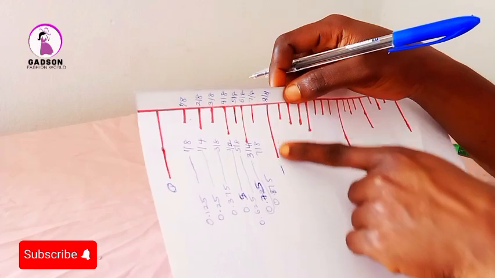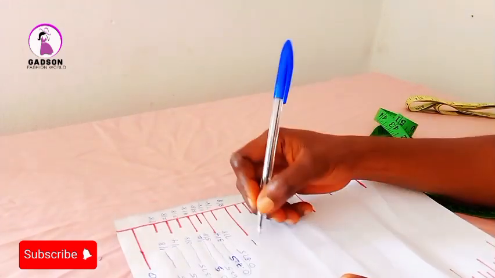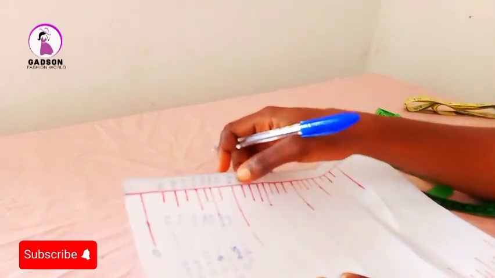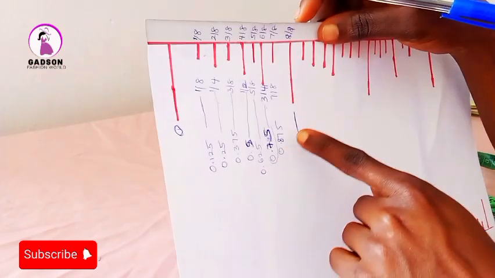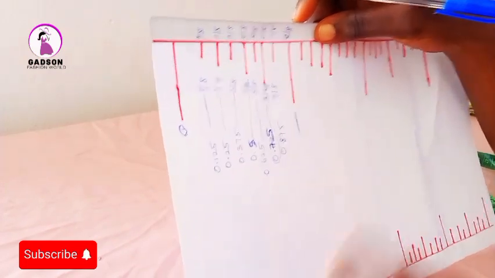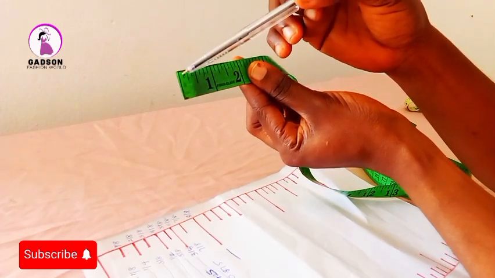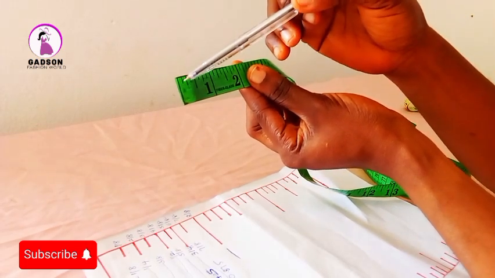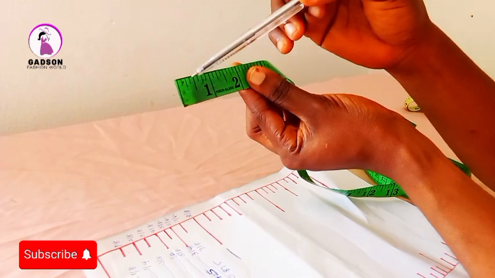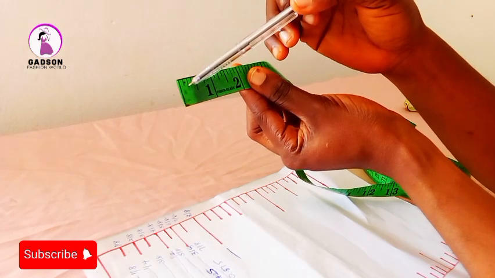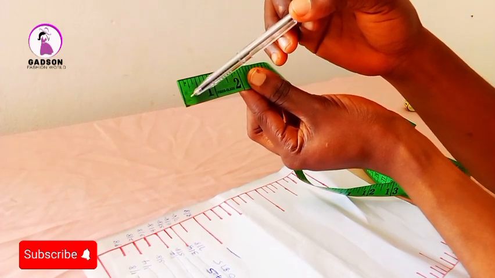The next one is 1 inch. The longest line is 1 inch. So that's how we read. Let's read on our tape now. As you see on my tape, the first line we name 1 over 8, the same thing as 0.125, then 1 over 4, which you can say quarter, 0.25.